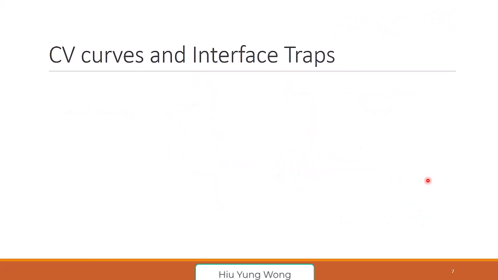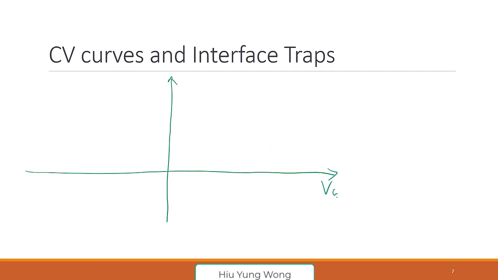Now, what if it is interface trap instead of interface charge? Now it becomes very complicated. Let me still draw the curve. For the ideal one, this is VG.